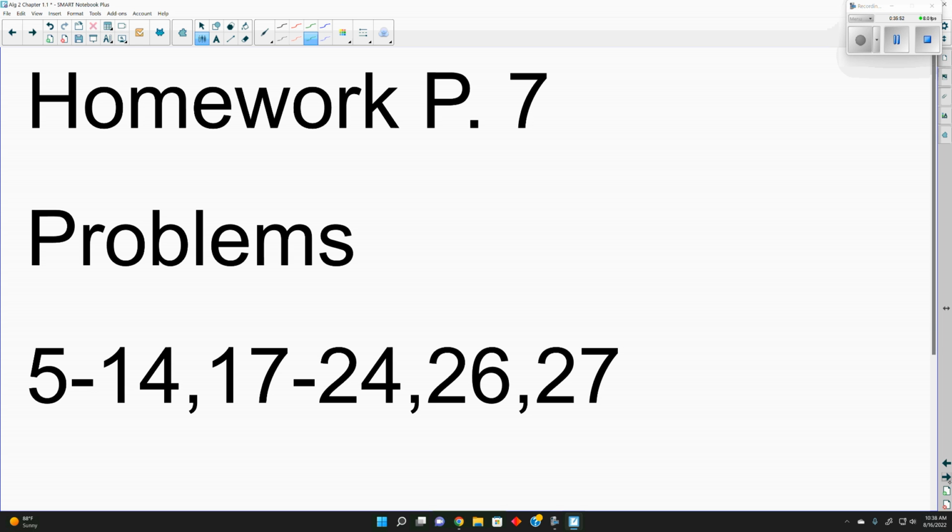On the homework, because luckily both of them do have the homework sheet, I did remember to do that. 5 through 14. So 5 and 6, use braces to list the elements of the set. So the set of integers greater than 50. I'm going to be nice.